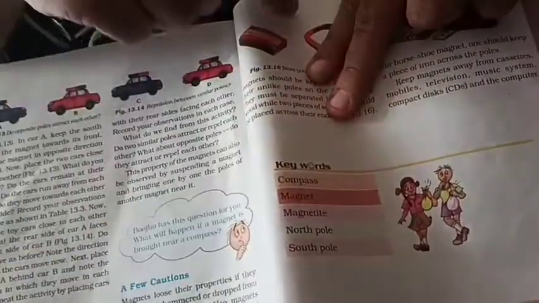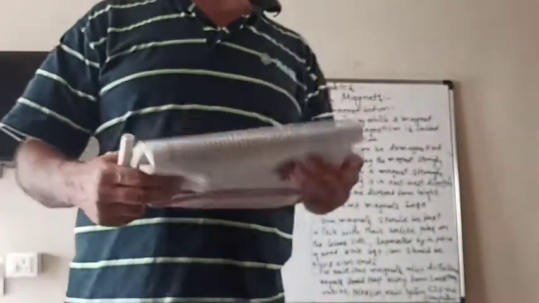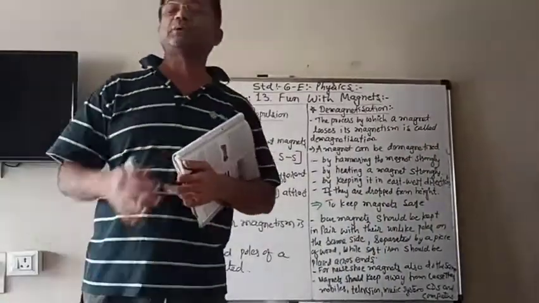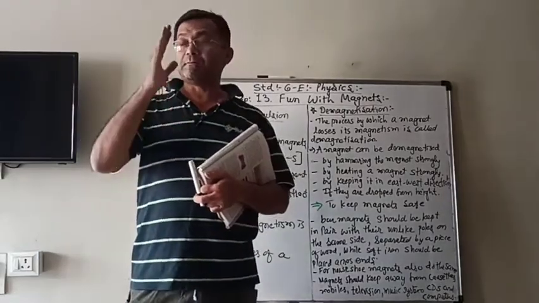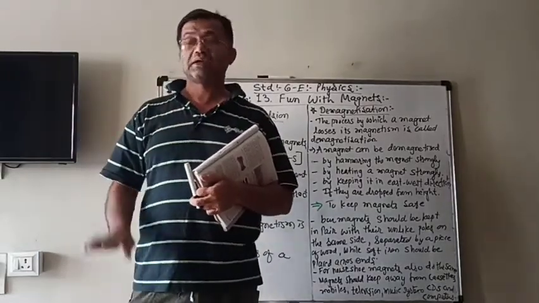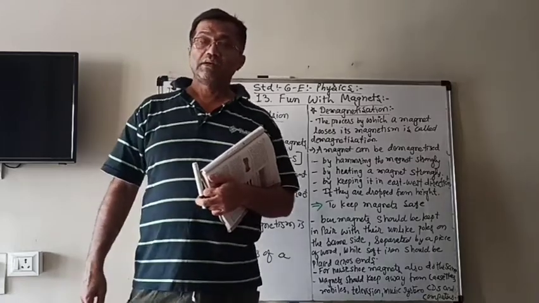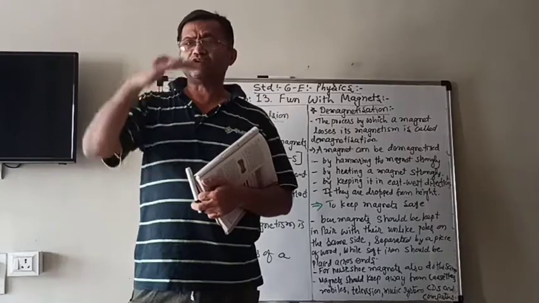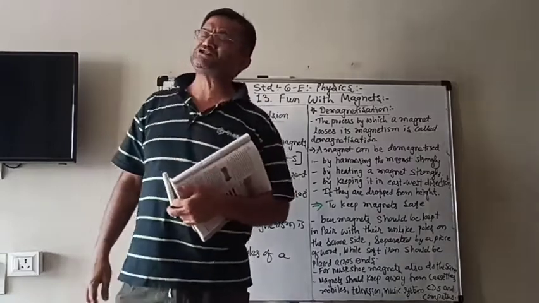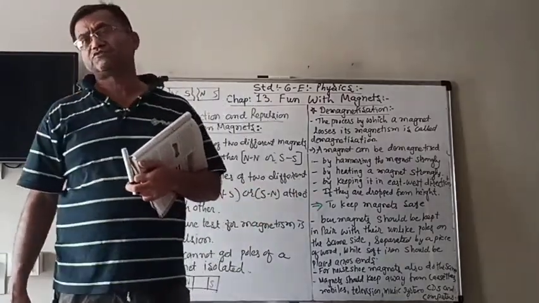Here two bar magnets are shown, and between them there is a piece of wood, and also at the end of the magnets we have to keep a piece of iron so that we can store them and the magnetism cannot be damaged. Similarly, for a horseshoe magnet also, we have to keep a piece of iron at the end.